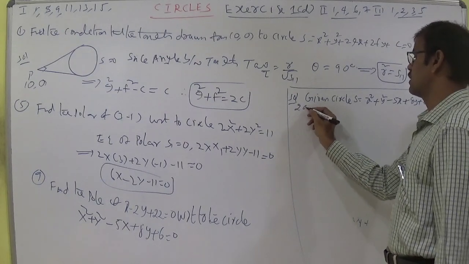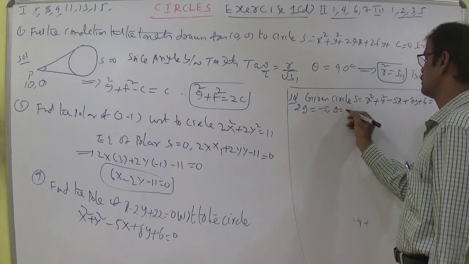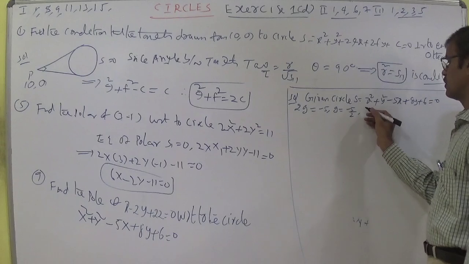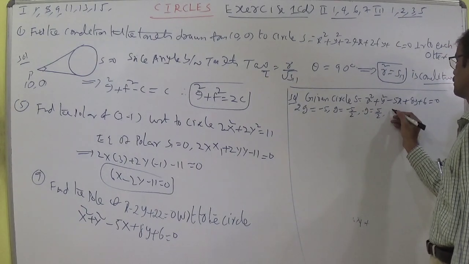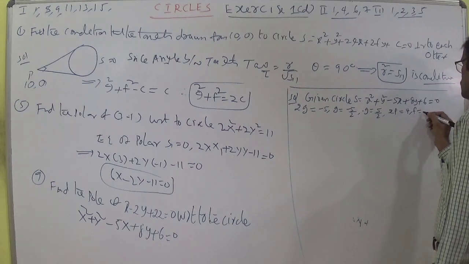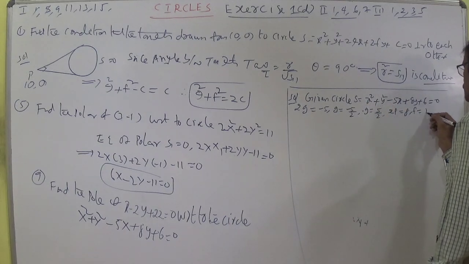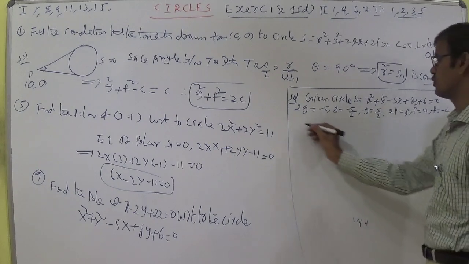Here I am writing 2g = -5, so g = -5/2. If you want -g, it is 5/2. 2f = 8, so f = 4, and -f = -4.